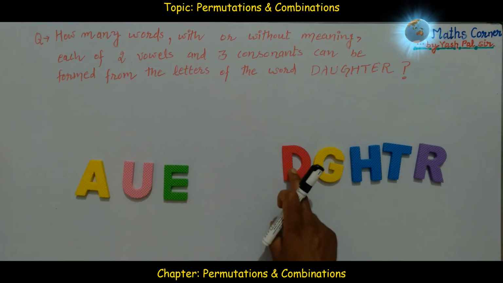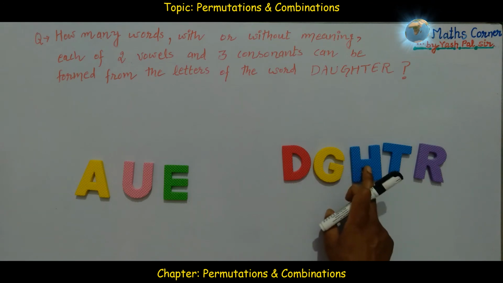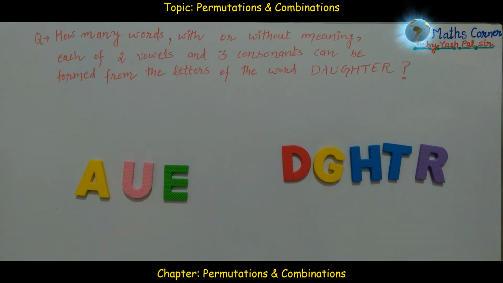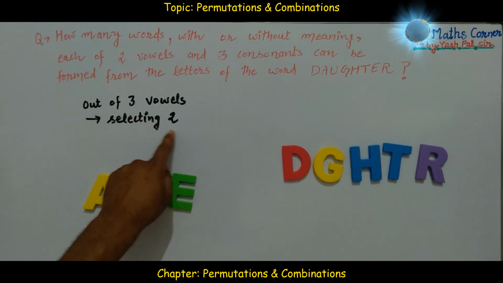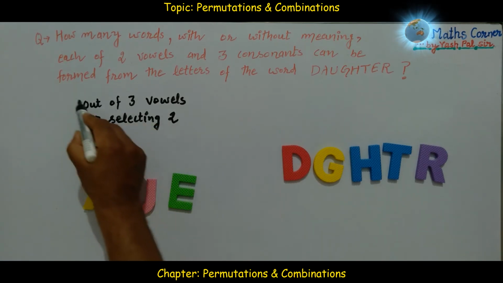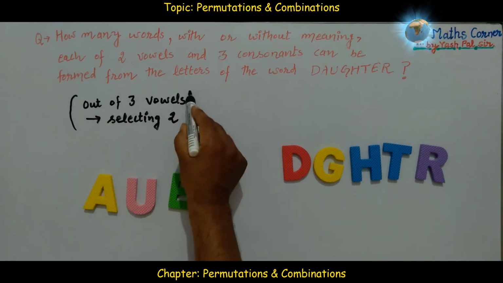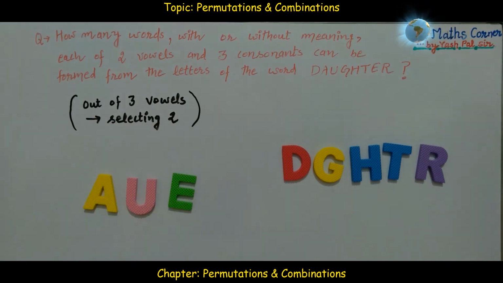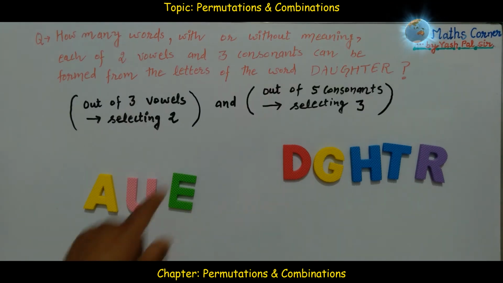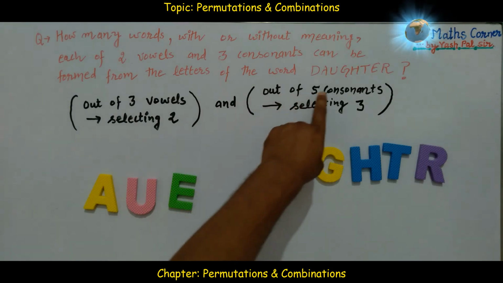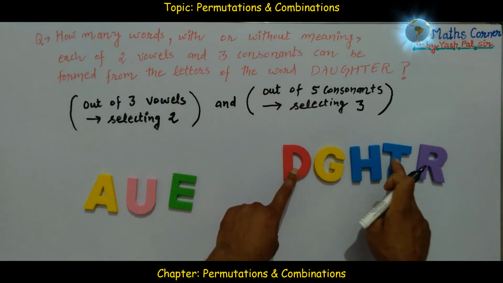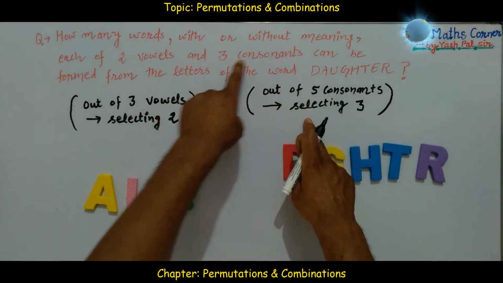And how many consonants are there? 1, 2, 3, 4, 5. So first of all, the selection process will be there. Out of 3 vowels, selecting 2 vowels, and out of 5 consonants, selecting 3 consonants.